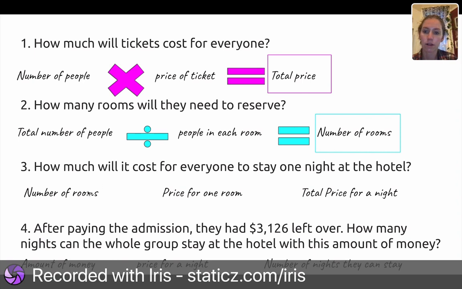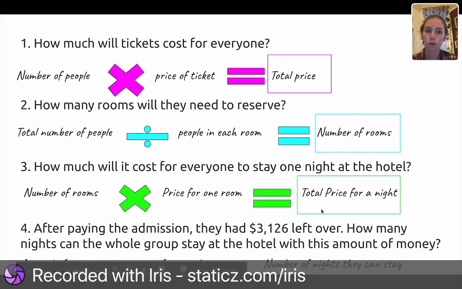Now, number 3, our answer is the total, right? We have the number of rooms and the price for one room. So again, we have a group and the cost of the things in the group, and we're getting a total. So we're multiplying. And the last one, after paying the admission, they had $3,126 left over.